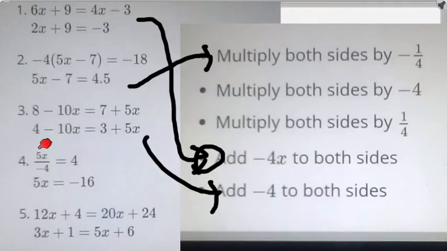And on this one, they got rid of this -4, the denominator of 5x over -4. And to do that, think of this as 1 over -4. There's a 1 in front of this 5 that's invisible.